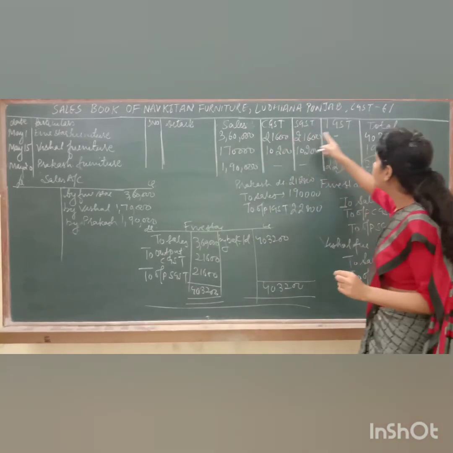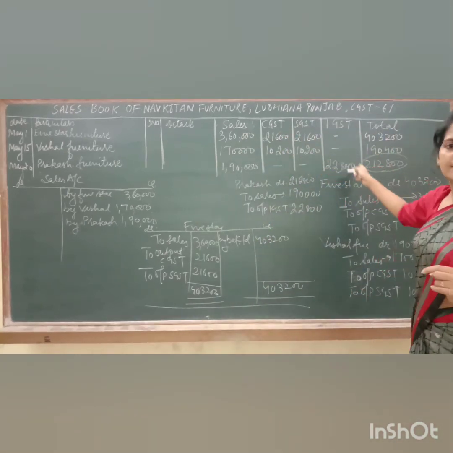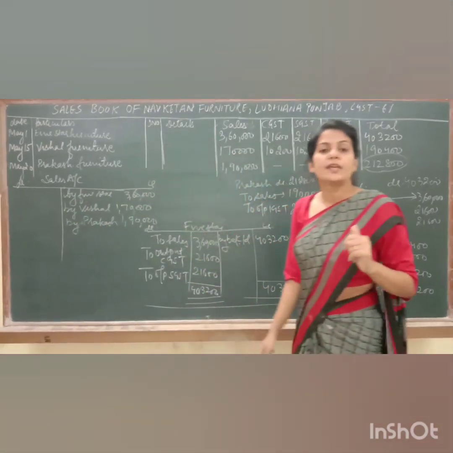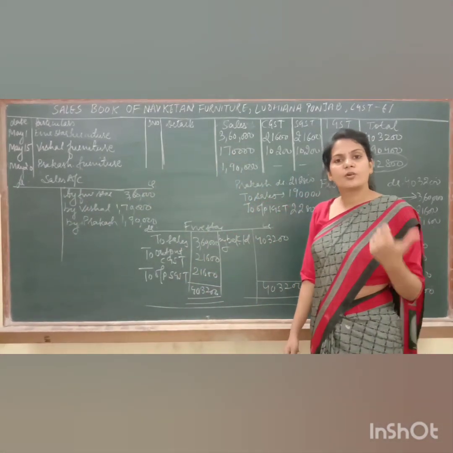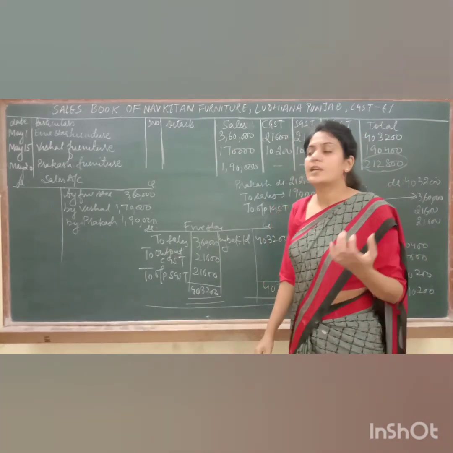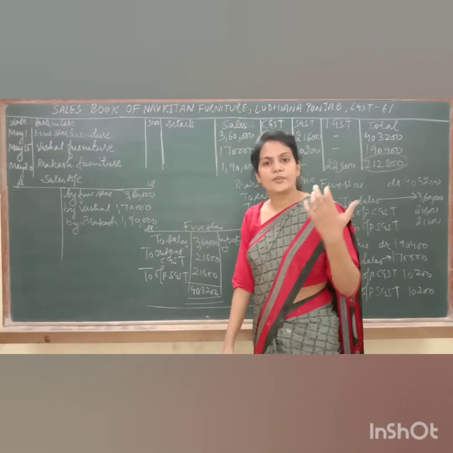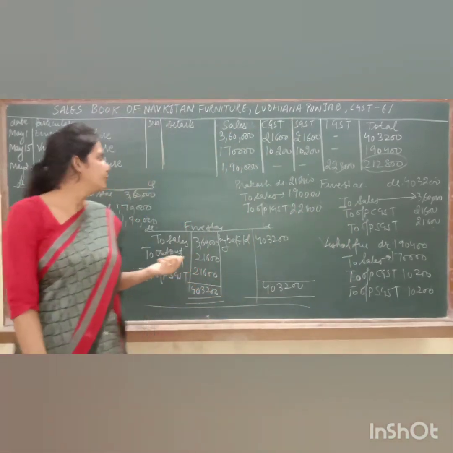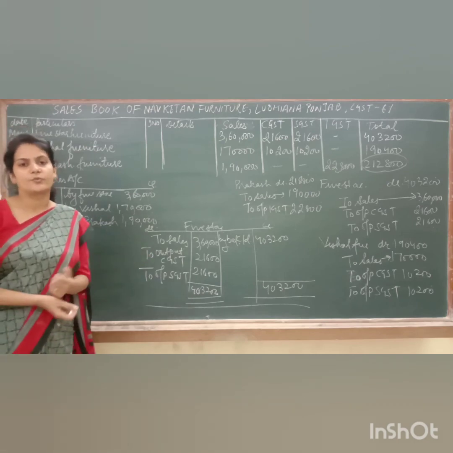In the sales book, you can see there is no debit and credit side, but here there is a debit side also, credit side also. In the sales book, we are going to record only credit sales, but in the sales account, we record credit sales as well as cash sales. So I hope things are clear to you. This is all about sales. Thank you.